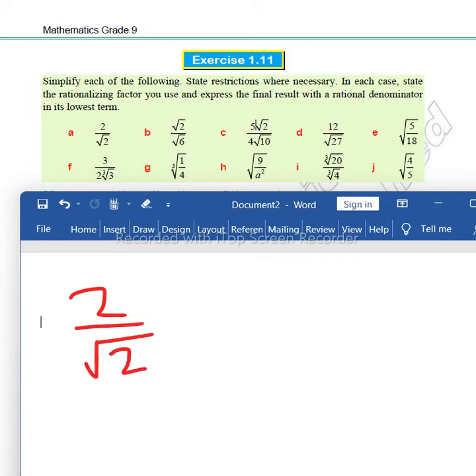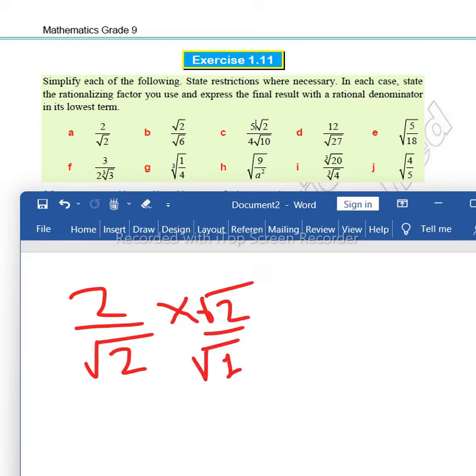First we have to simplify. This number is already simplified, so it does not need simplification. So we have to rationalize the denominator. We multiply by square root of 2 over square root of 2.